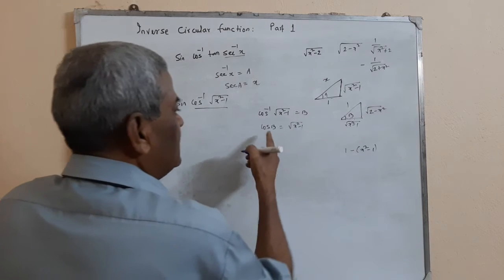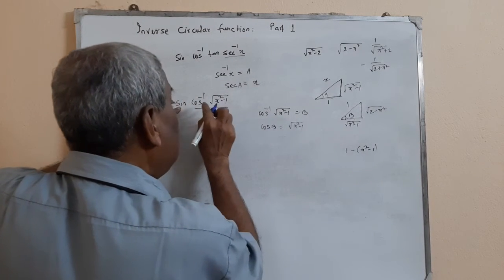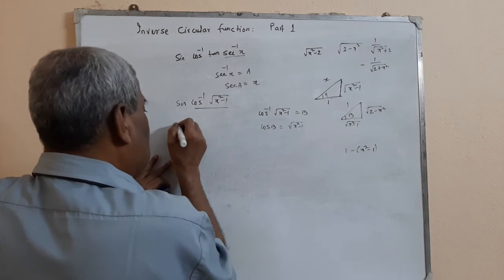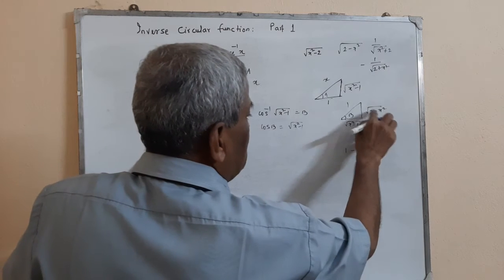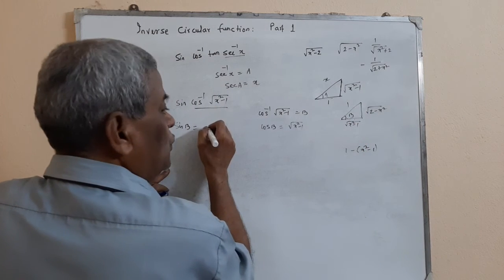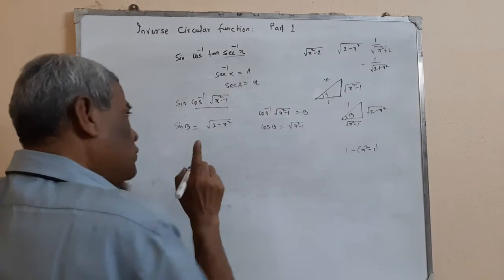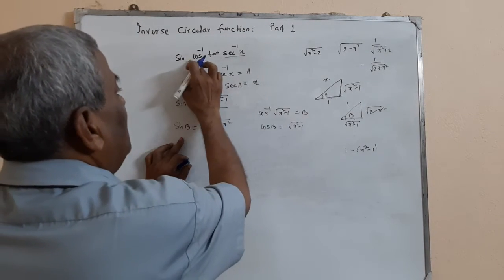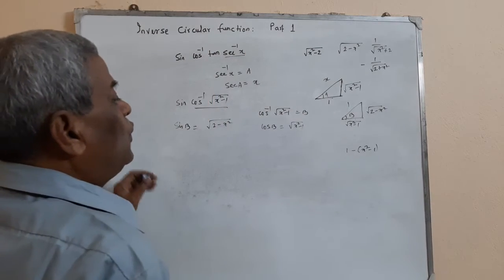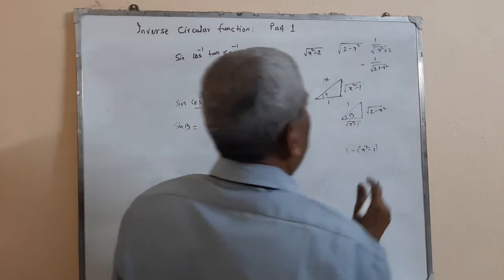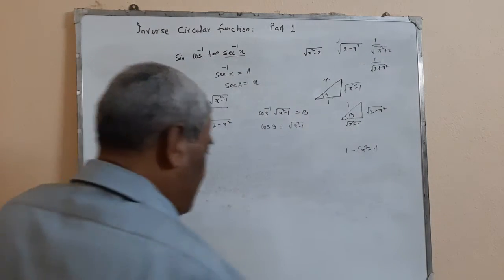We want sine b. Sine b is equal to root over of 2 minus x square by 1. So sine of this whole thing, which is b, is equal to root over of 2 minus x square. So this is our correct answer.